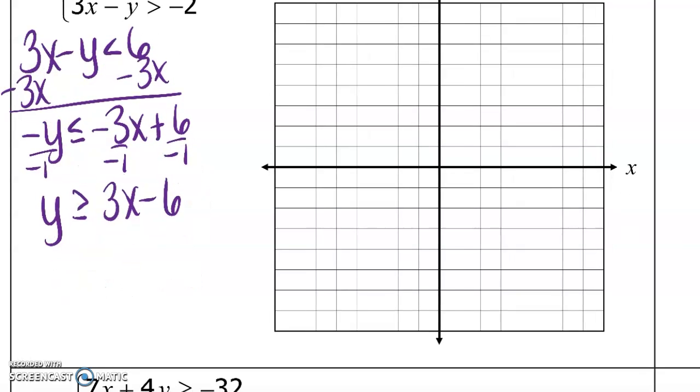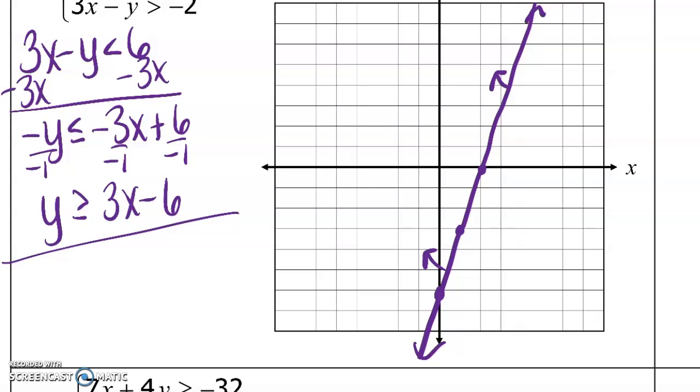So I would have gone down 6, and then up 3, right 1. I have a solid line. Greater than would be that direction, up above the line.